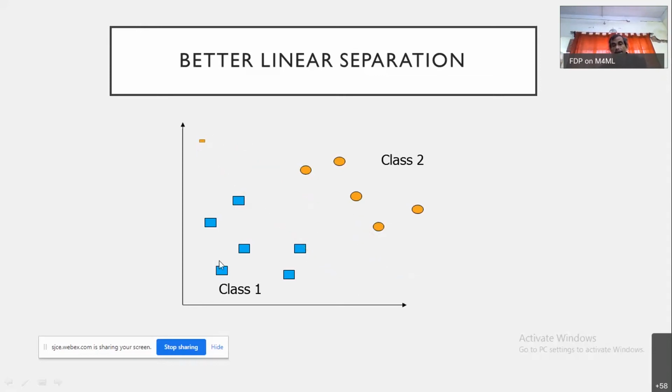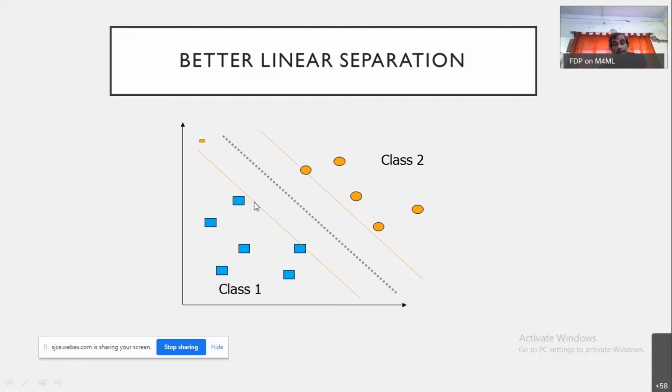If I have a boundary like this, that could be something overfit to class number 1. If I have a boundary somewhere very close to class 2, that could be an overfit to class 2. But this could be something where I have more generalization capability. So this was the intuition: that yes, I want to have something like this.